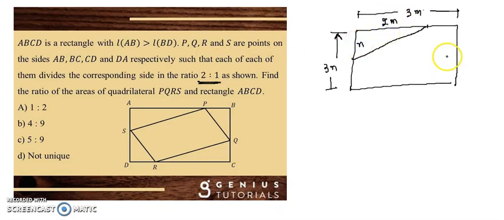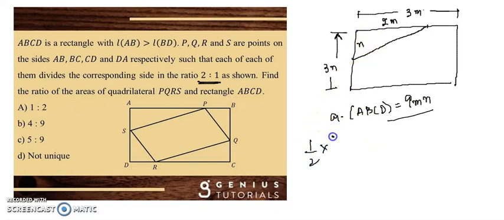So if the ratio is 2:1, then we can say this is 2m and this is n. So the area of the complete rectangle ABCD would be 3m into 3n, that will be 9mn, and the area of each triangle would be half into 2m into n, that means mn. That is the area of each small triangle formed here.